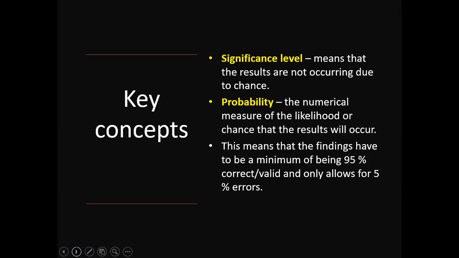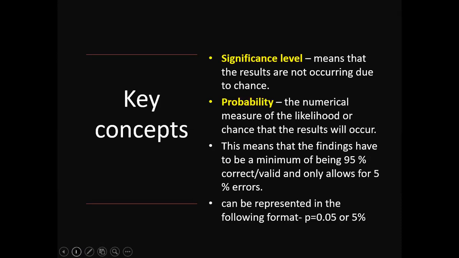Only allows for that 5%. So if you replicated a study 20 times, that means 19 of the times you need to get the same findings, but that one allows you then to have one that doesn't have the same findings. You have found significance then, because you're 95% correct.